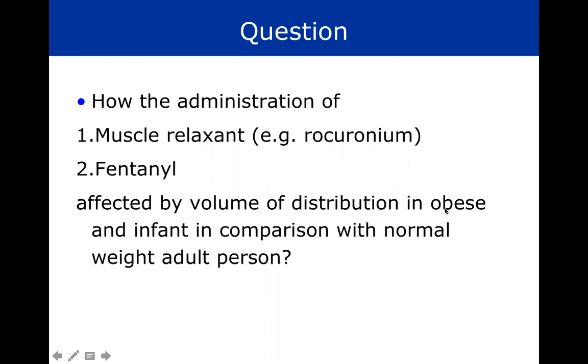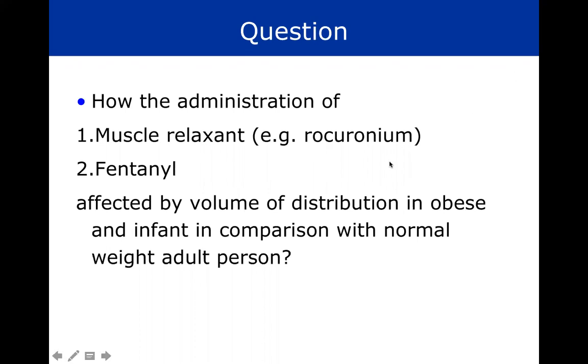So here it is expected that the volume of distribution for fentanyl increases in a higher way. So we need more fentanyl to get the same effect as in an adult. While the increase in fat in obese will not affect the muscle relaxant much, because rocuronium is water soluble and will not be affected in a higher way in those obese patients.